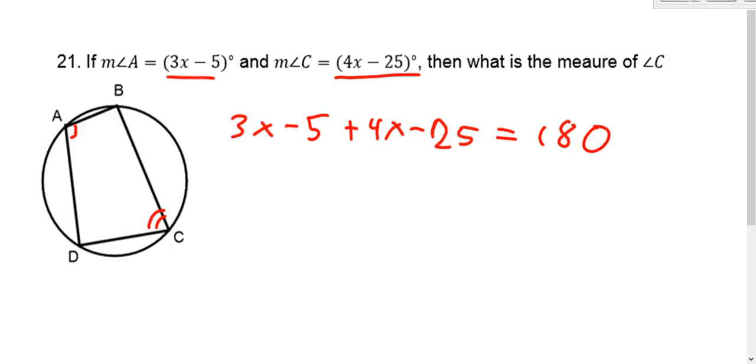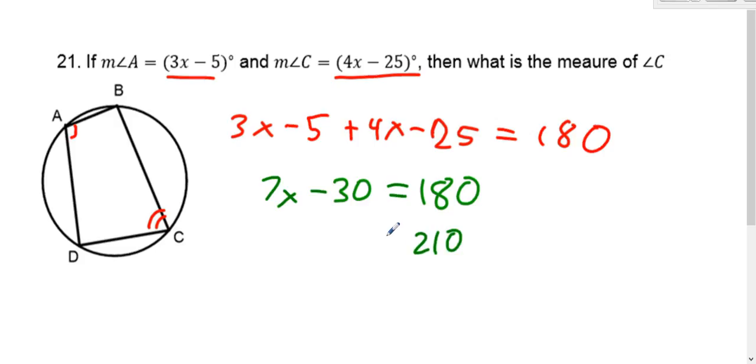Combine like terms. 7x minus 30, add the 30 over, you get 210. And divide to get x equals 30.